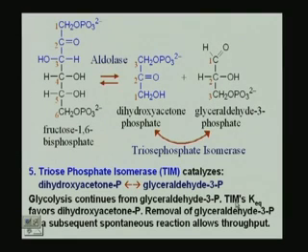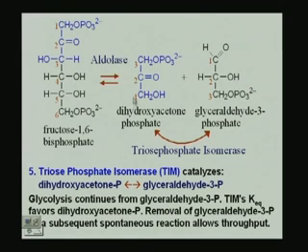Now, the equilibrium constant. So what is the triose phosphate isomerase isomerizing? What is it doing? It is converting dihydroxyacetone phosphate to glyceraldehyde 3-phosphate. So, this is an isomerization reaction. The equilibrium constant is such that it favors dihydroxyacetone phosphate. Okay?